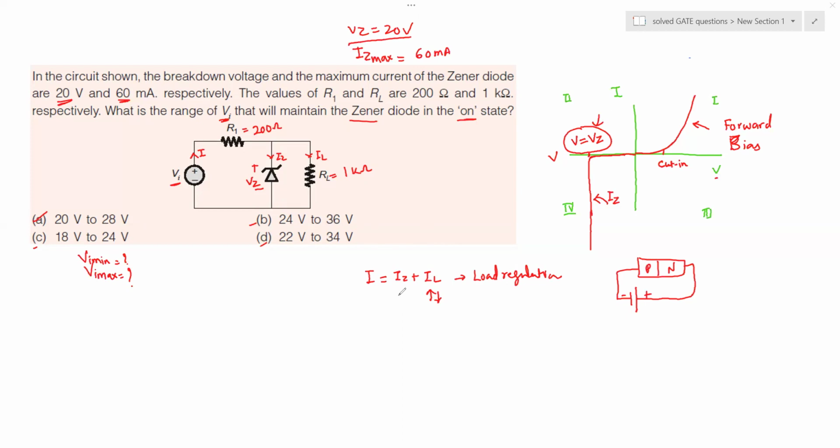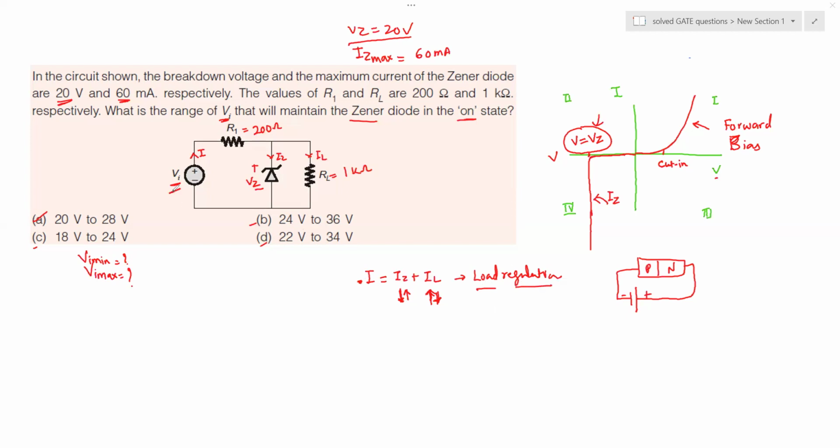If the IL goes up, the diode will conduct less current so that I remains constant. And if the IL goes down, then IZ will be more, so the diode will conduct more current, so that again the I remains constant. So this is a kind of load regulation.